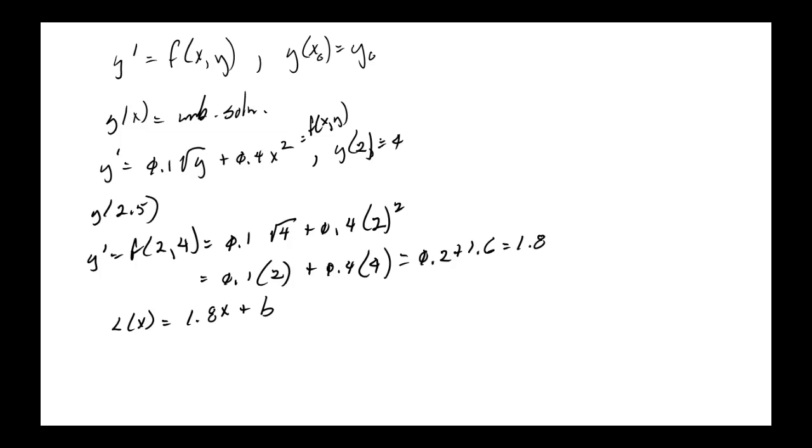Because the point 2, 4 has got to be on that line, see what happens if we do 4 equals 1.8 times 2 plus b. What does that give us? 4 is equal to 3.6 plus b, so b is equal to 0.4.